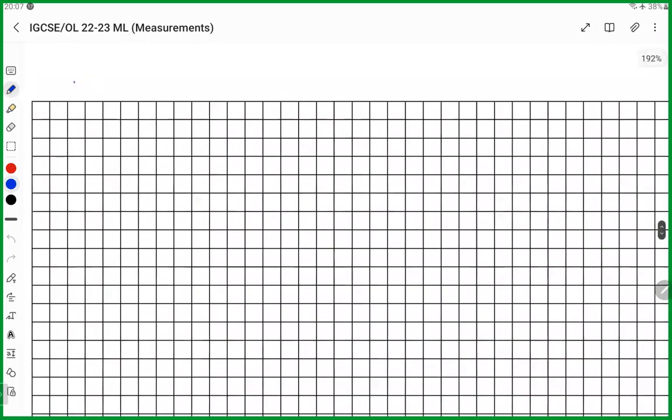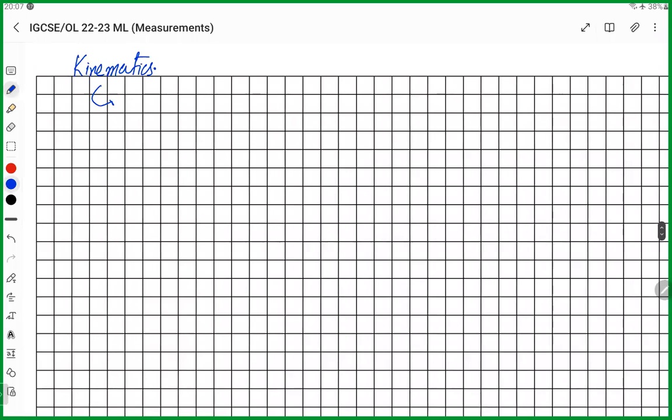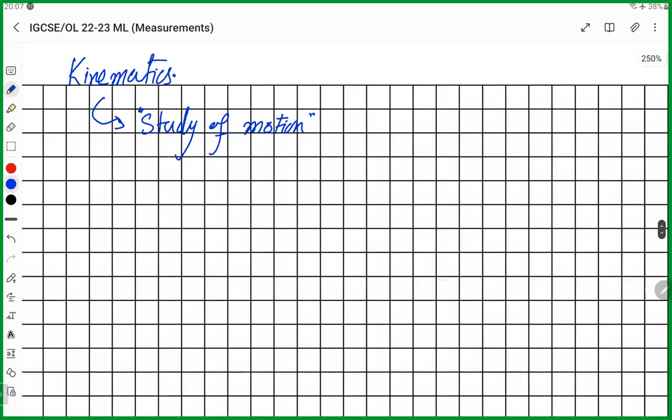known as kinematics. Now, what is kinematics? Study of motion. Now, it might look very simple, but I'm about to ask a very complex question.